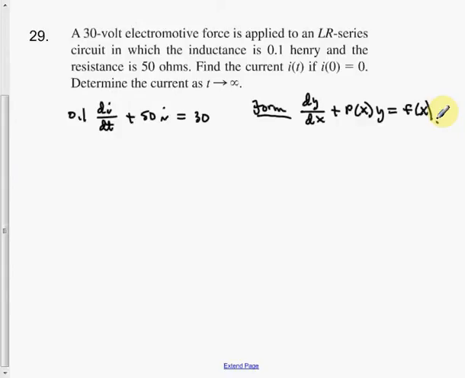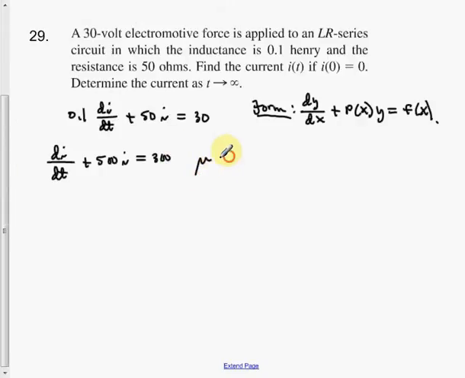Okay. So if that be the case, then what that simply tells us is that you want to isolate that derivative. So here we want to divide through, well, this is just 1 over 10, so basically multiply through by 10. And so we have di over dt plus 500i is equal to 300. Well, it's already in that linear form, so we just now figure out the integrating factor.